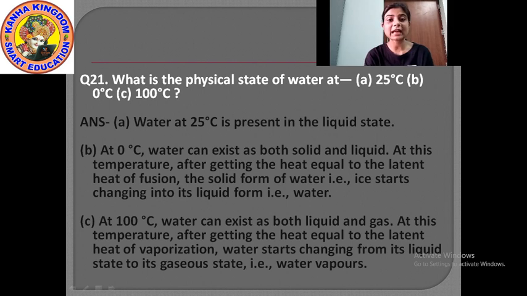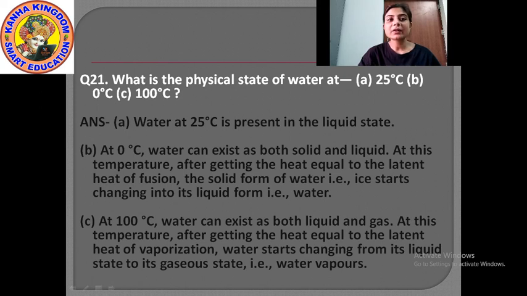Solid state means it can be in ice state, and it can be in liquid state also. The solid form of water is ice, and the liquid form of water is water only. Yes or no? So at 0 degrees Celsius you will find water in both states, solid and liquid, that means ice and water. Okay.